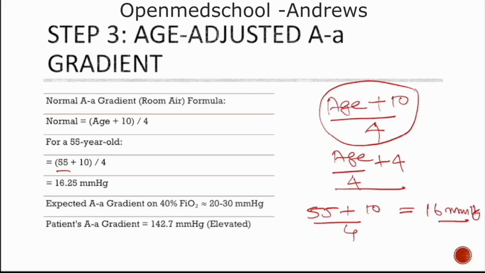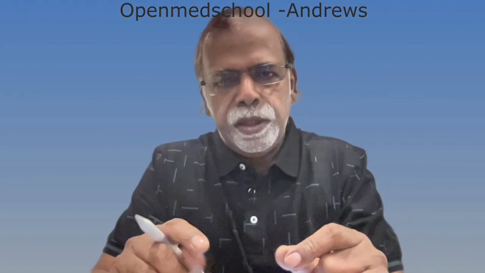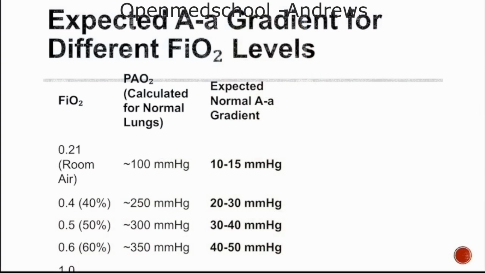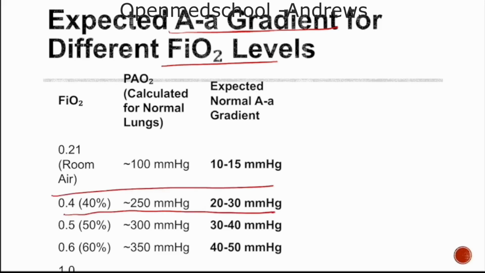So that is the AA gradient for this patient if he was inspiring normal air, that is 21% inspired oxygen. But here you should know that this patient has an FiO₂ of 0.4, so we have to make an adjustment for that. The expected AA gradient for different FiO₂ values: for 40% oxygen it is 20 to 30 millimeters, and for 50% it is around 30 to 40.